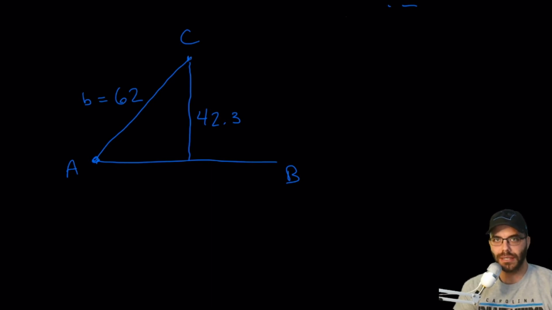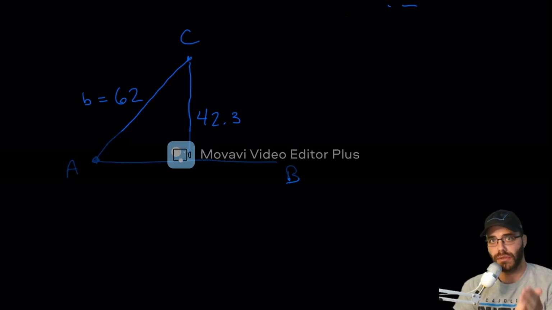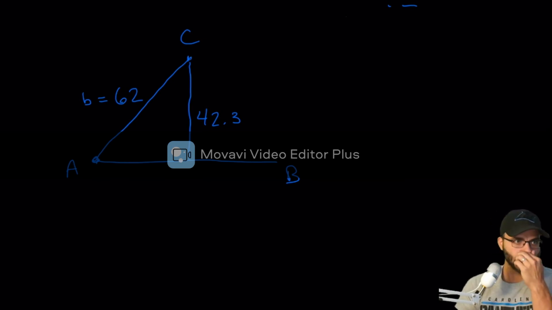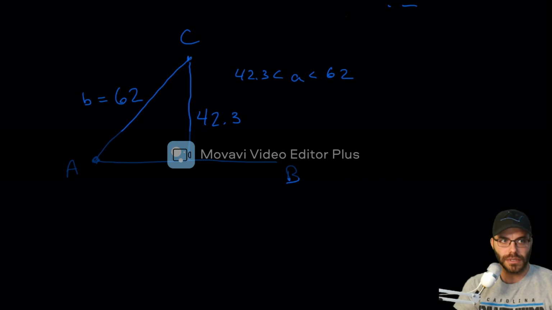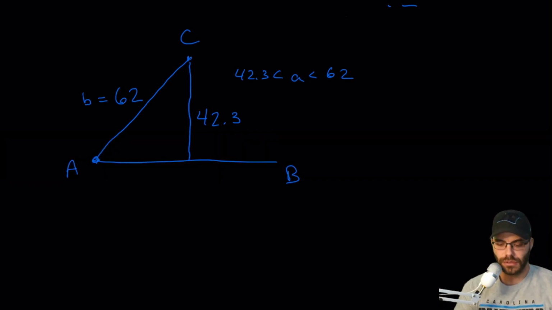So A is in between the values of the height of this triangle and the other side that we know. If this is the case, then we have to have 2 triangles. There must be 2 triangles.